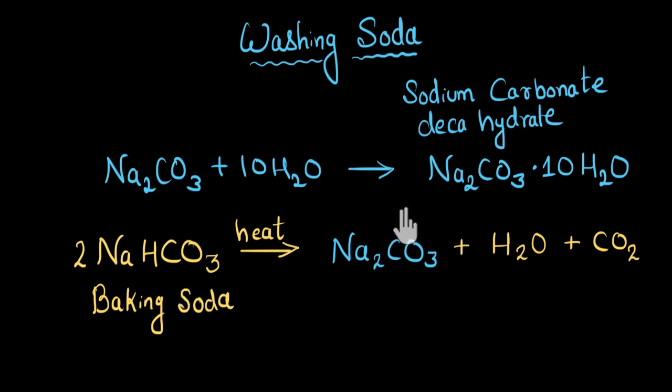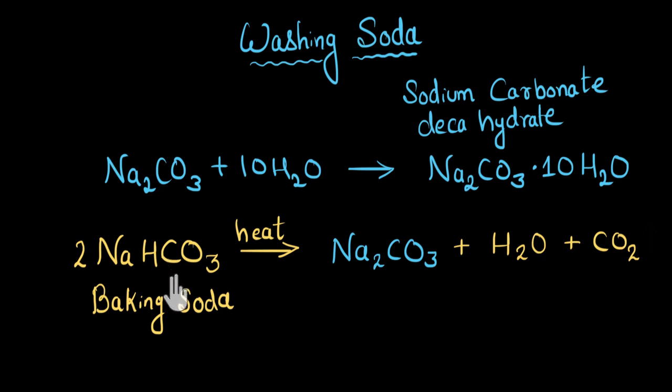Okay, now that we saw how to prepare washing soda from baking soda, I hope you also remember how to make baking soda. We saw that in the video of baking soda, right? Over here, you can guess the reactants. We see sodium in the formula, so maybe this is coming from sodium chloride. And we see hydrogen, so this could come from water, H2O. And carbon can come from carbon dioxide, CO2.